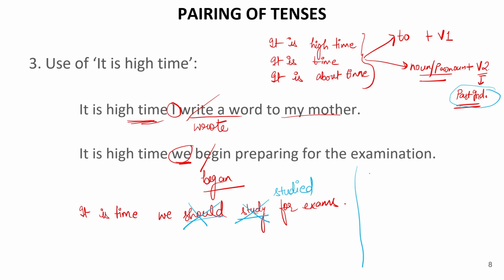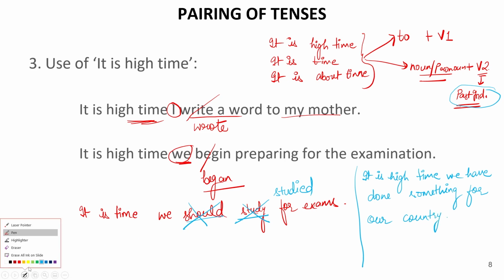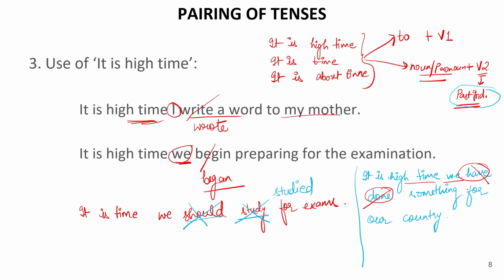One more type of sentence comes from this part: it is high time we have done something for our country. Now in this sentence again we have it is high time we, that is a pronoun, so have should be removed and done also should be removed.